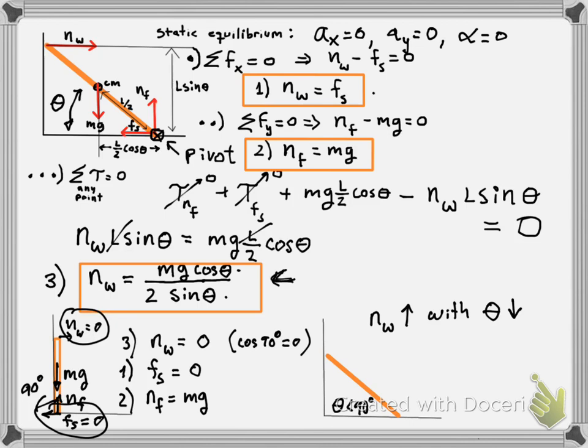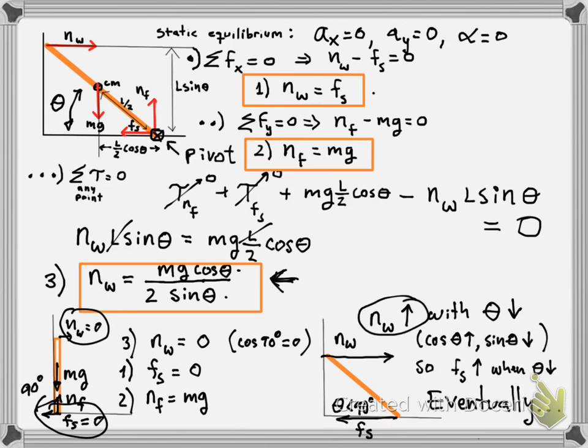So if you take a look at the equation, from that equation we see that the normal with the wall is going to grow from 0 at theta equals 90 degrees to a greater, positive value, as theta decreases. Take a look at that. This should be the case because the cosine of theta right here is going to grow as theta decreases from 90 degrees.